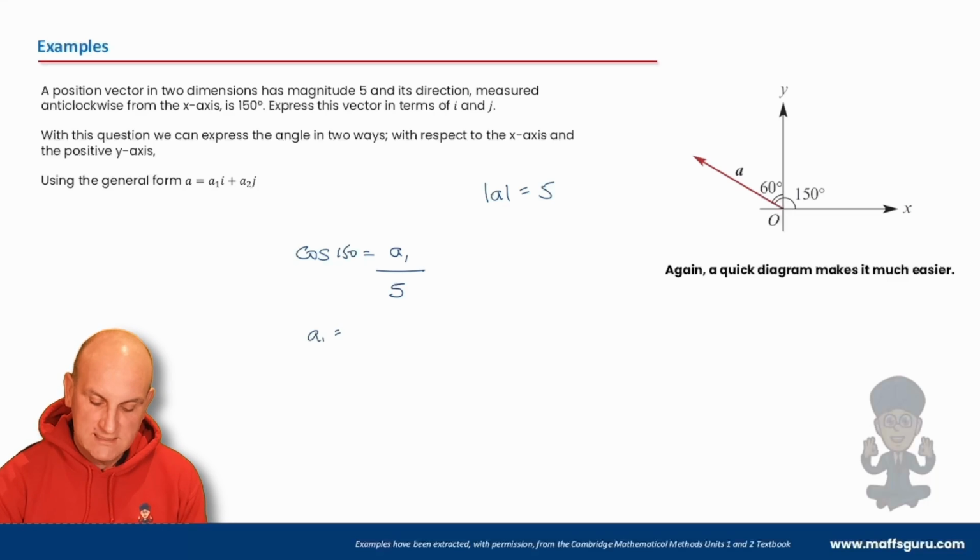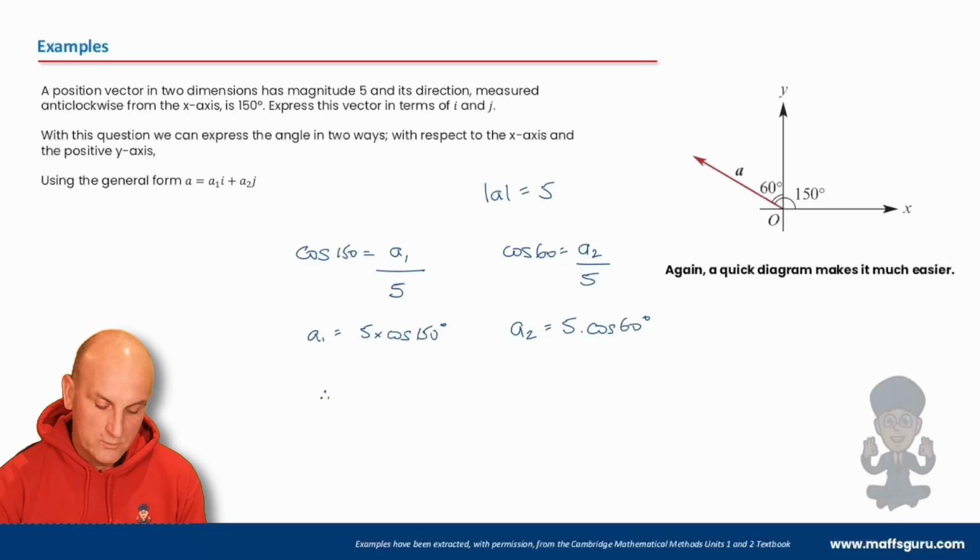So A1 is equal to 5 times the cosine of 150 degrees. And we know the cosine of beta, which is from the y-axis, is going to be equal to A2 on the modulus, which is 5. Well, we know that beta in this situation is 60 degrees because we know the angle from the y-axis is 60 degrees. So A2 is going to be 5 times the cosine of 60 degrees.